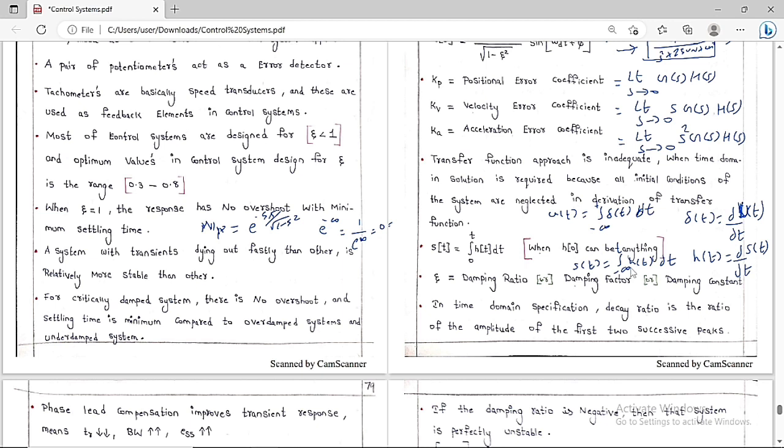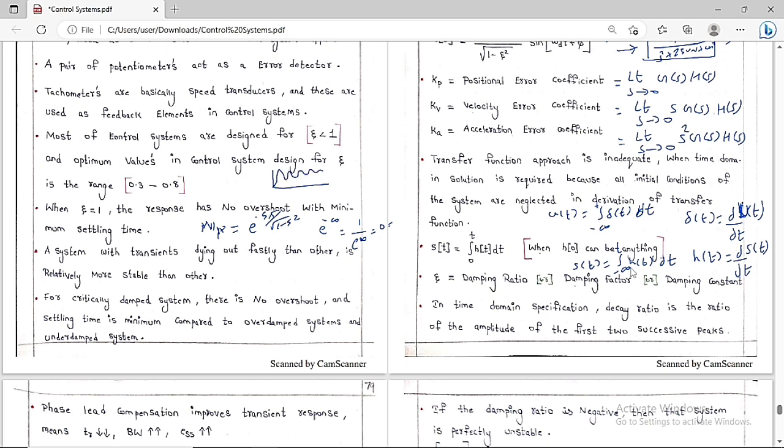The next point is, in the time domain specification, the decay ratio is the ratio of the amplitude of the first two successive peaks. So basically, you know the response, right? This is the response nature you are going to get.